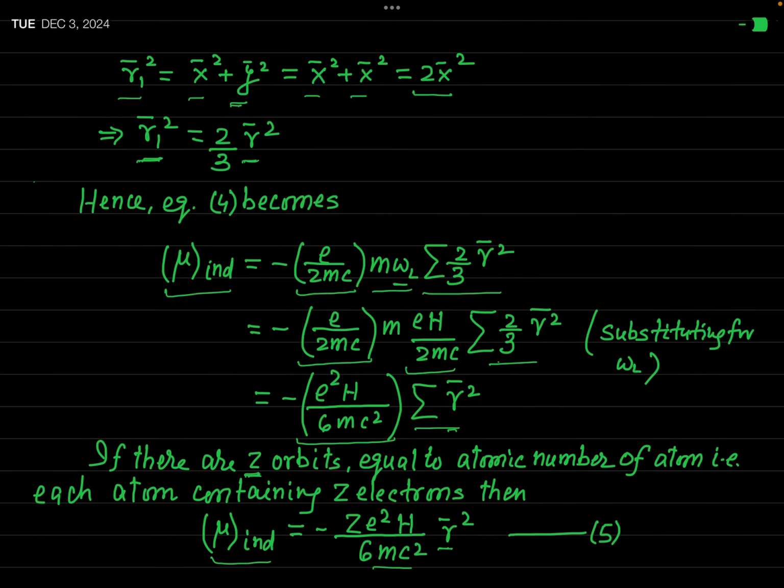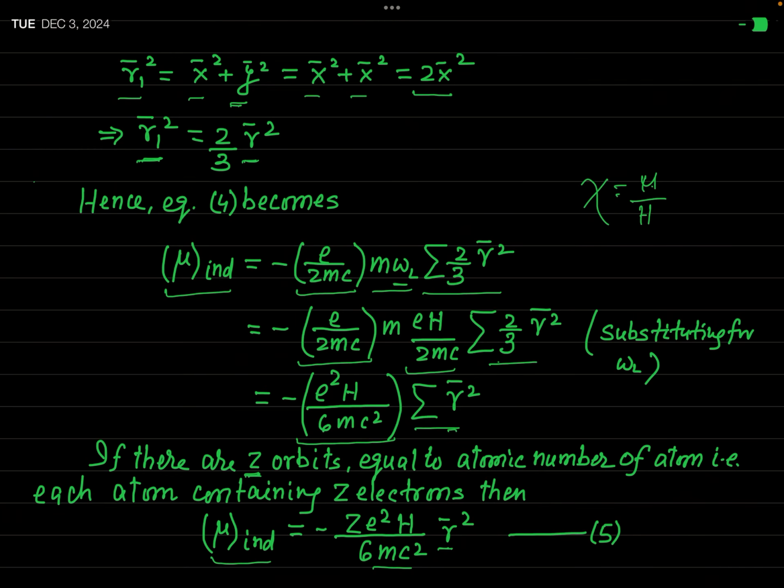This is actually the induced magnetic moment per atom. Now let us consider the unit volume of the specimen, because our final aim is to find the magnetic susceptibility, and you know magnetic susceptibility is defined like this: M over H, where M is magnetization, which means induced magnetic dipole moment per unit volume.